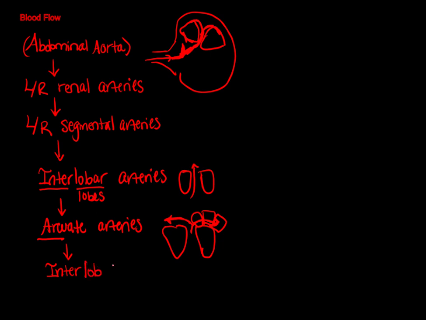And so we will go between each lobule, ULE, for cutesy small things, interlobular arteries. Okay, so we're going between our lobules. And we're going to get smaller and smaller.